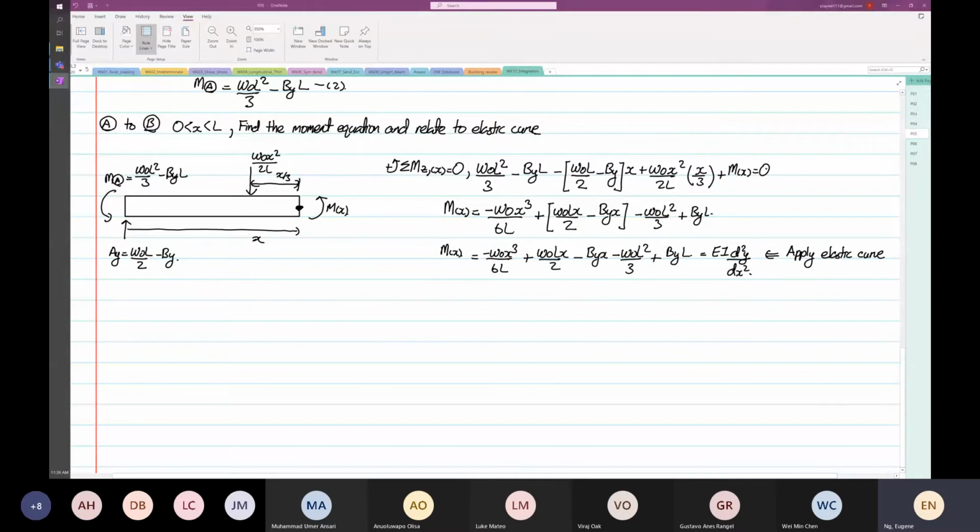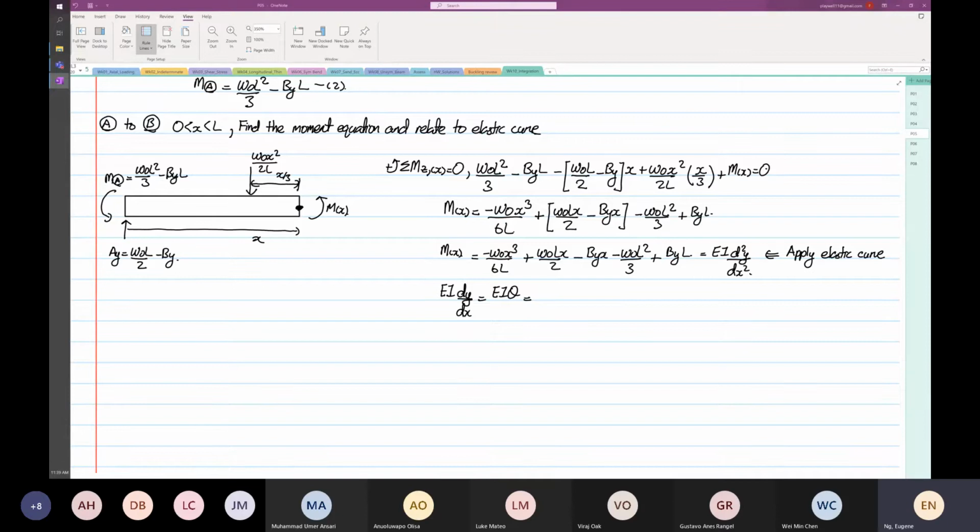From the elastic curve, we know that EI dy/dx is equal to EI theta, so we integrate.